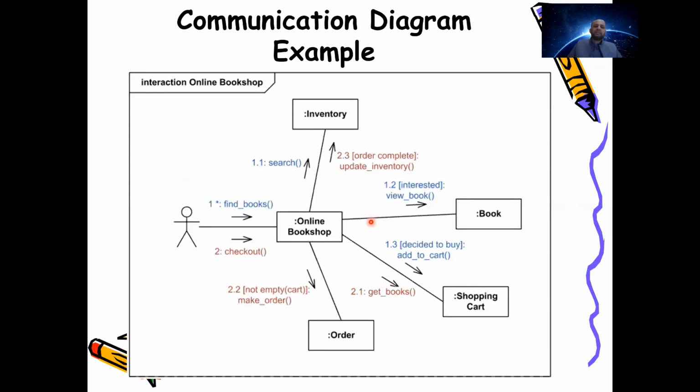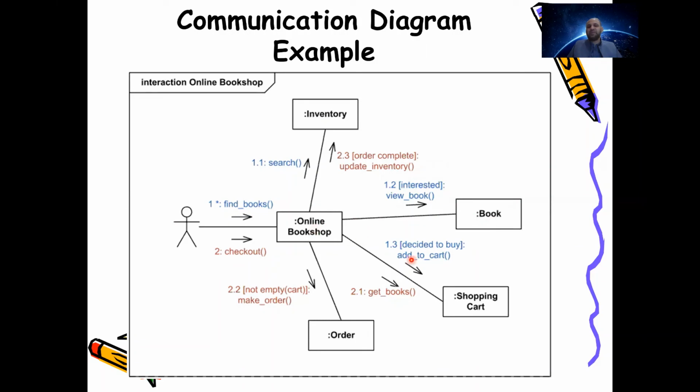Let's see another example. Interaction online bookshop. First of all, it is one. So an actor is sending a find book message to online bookstore. Then 1.1, a search message is sent to inventory. Then 1.0, view book message is sent to book.